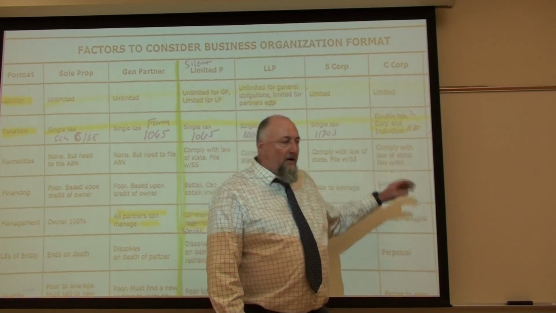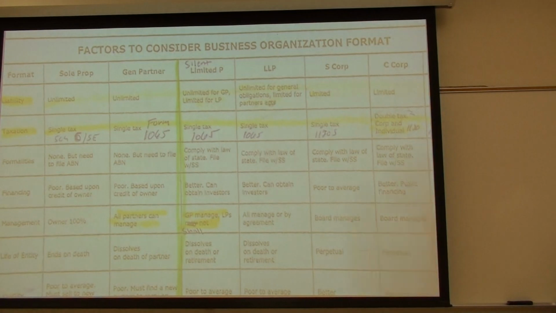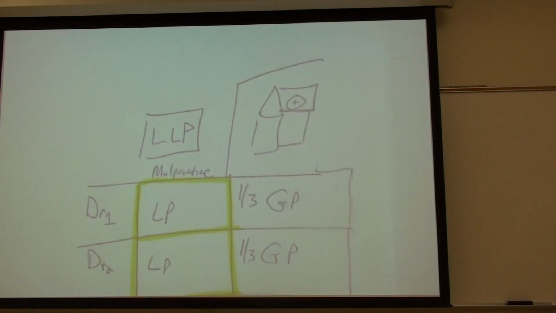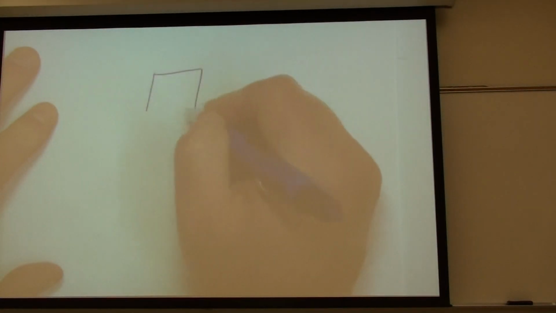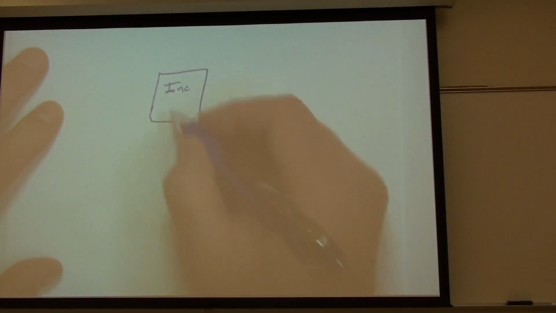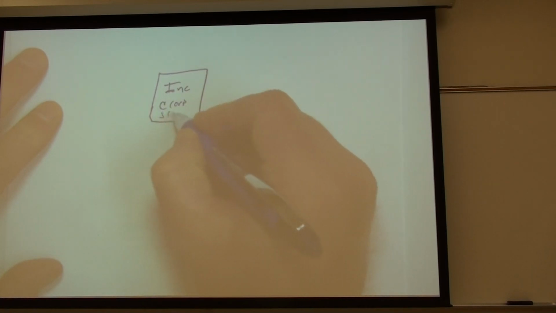So let's talk about them in terms of how they're structured. So now let's talk about the corporate model. So we're going to have a corporation here. It could be a C Corp or an S Corp.